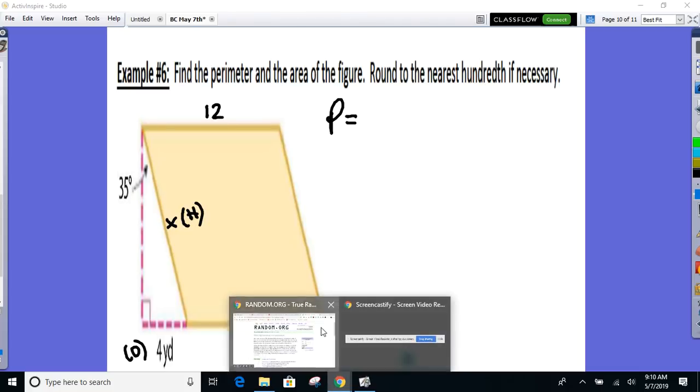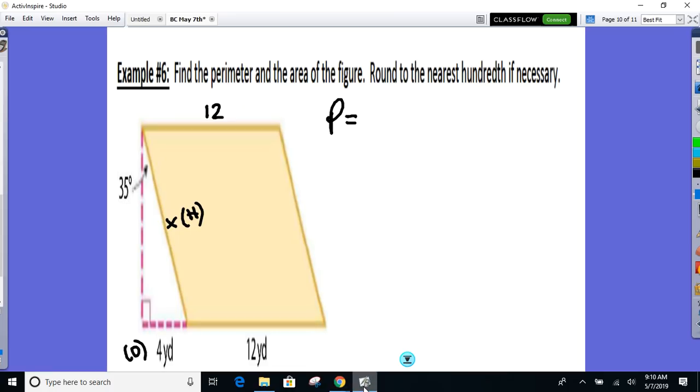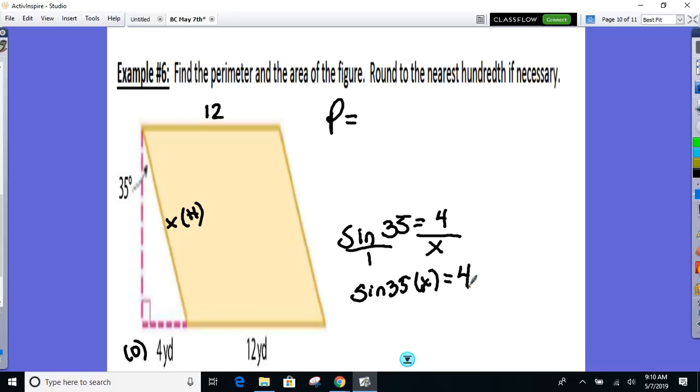All right. SOHCAHTOA. O and H. What are we looking at with O and H? Sine. So we'll do a little work here. The sine of 35 equals opposite side 4 over hypotenuse x. Put it over 1, cross multiply. What do you want to divide both sides by here?